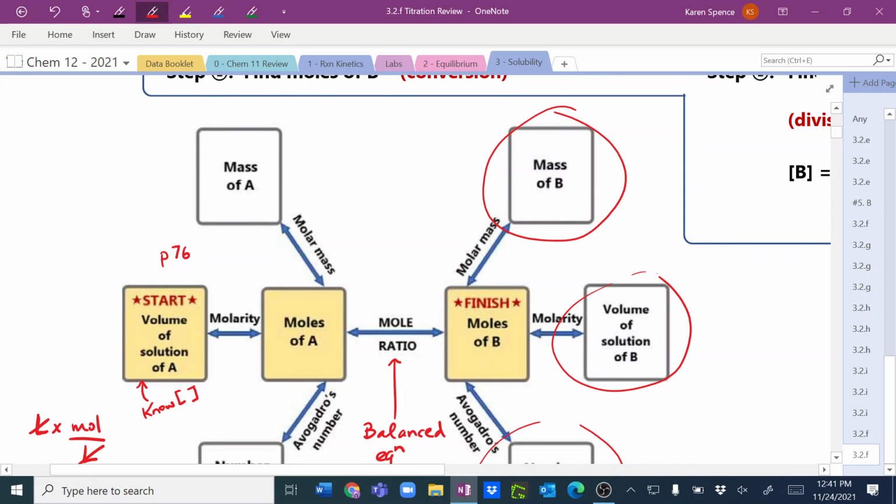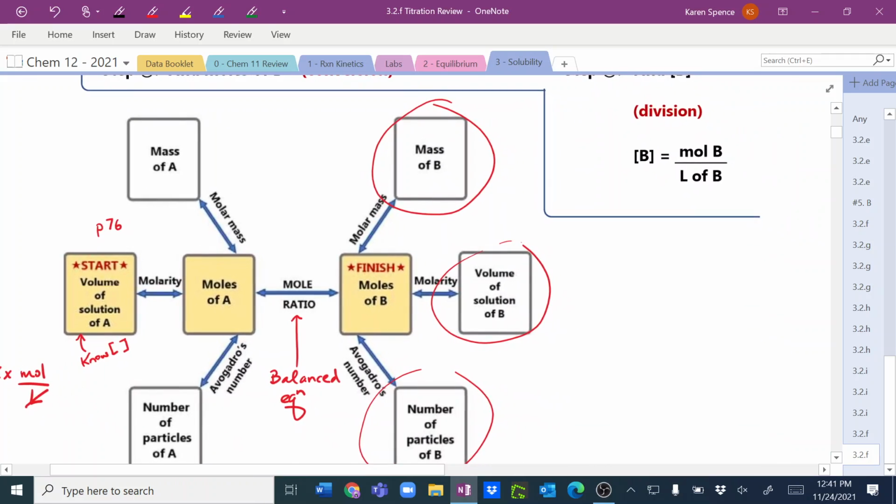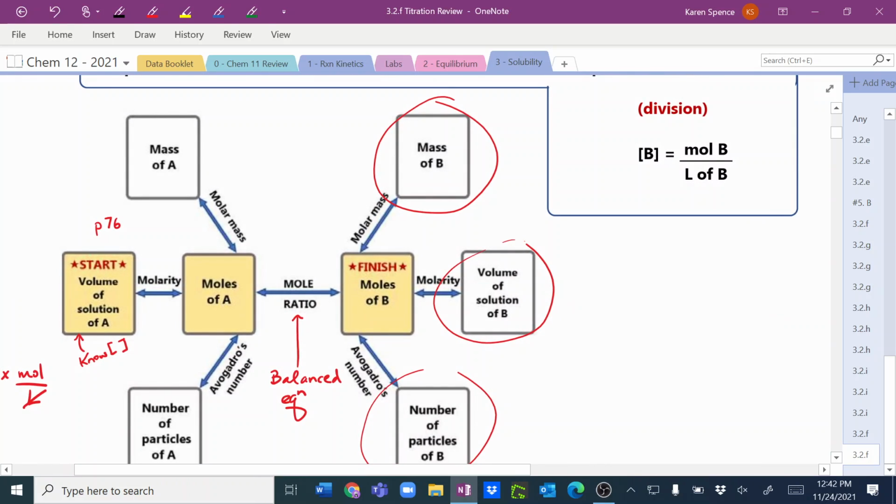But most likely, and this is what we're going to focus on today, you will be asked to find the molarity. So if you have successfully found the moles of B, how would you find the concentration of B? If you know the moles of B, how does one find concentration?